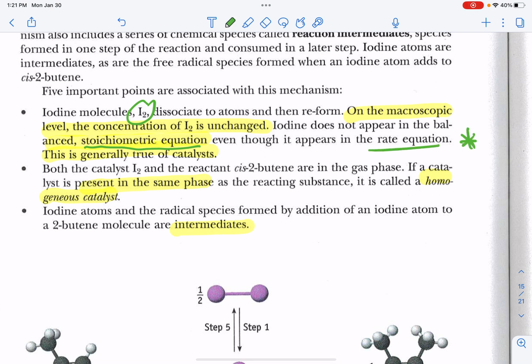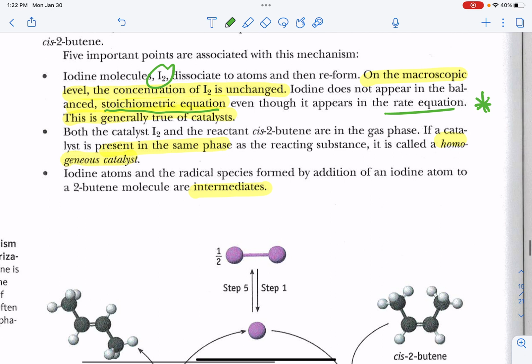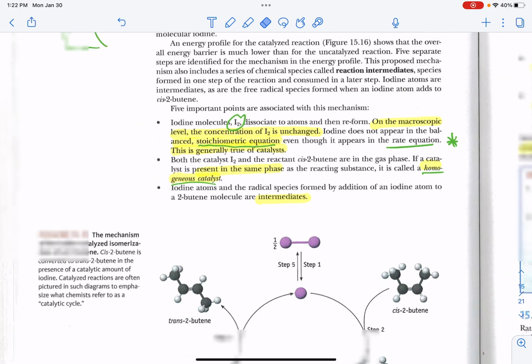It does appear in the rate equation because it affects the rate. And the rate equation is a reflection of the reality for it to be true. And a vocabulary term, if it happens to be in the same phase or state as what's reacting, we say it's a homogeneous catalyst as opposed to a heterogeneous catalyst.